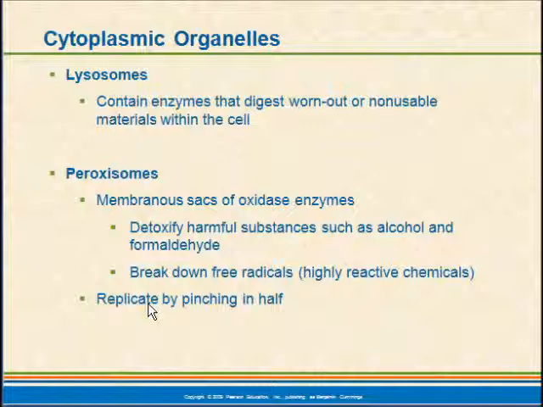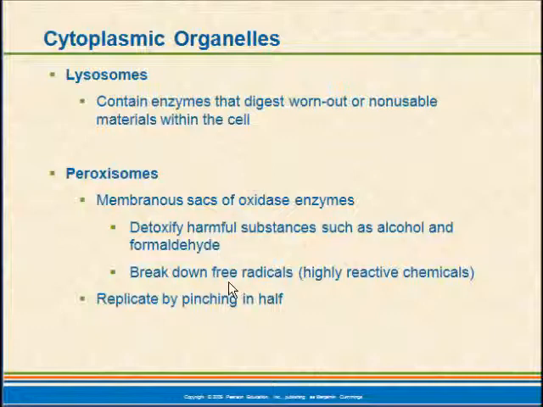So when you pour peroxide on an injury and you see that peroxide foam up, what's happening is that these oxidase enzymes are reacting with the peroxide to release these gases and these materials.